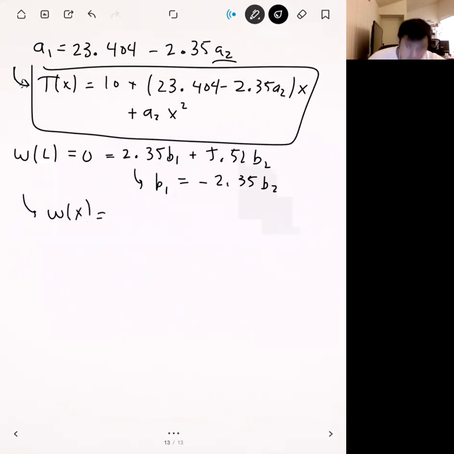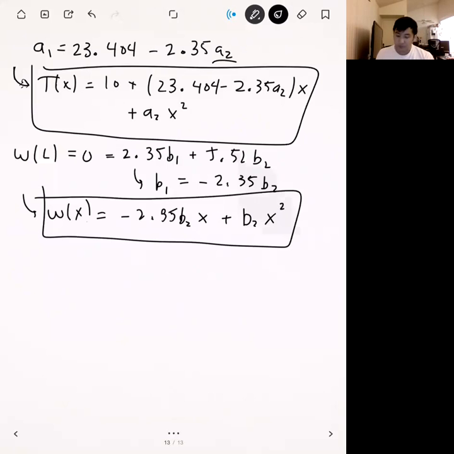What we get is W of x is equal to minus 2.35 B2 x plus B2 x squared. Okay. Right. And so you can see here, we haven't eliminated all the constants yet, so we need to use the weak form for that. But at the very least, we've eliminated one of them from the equation.